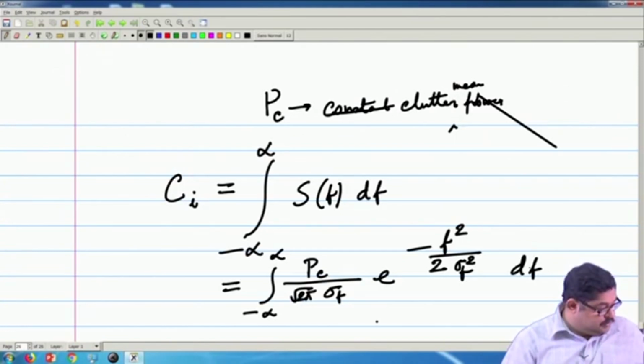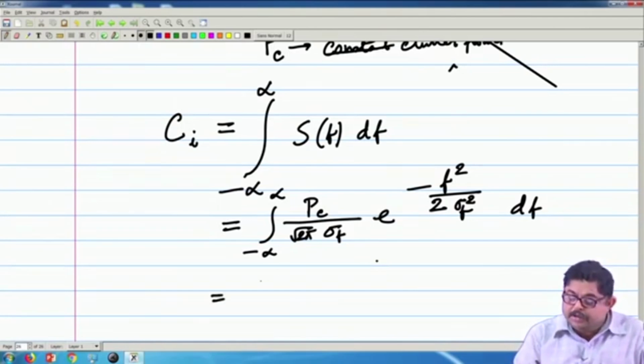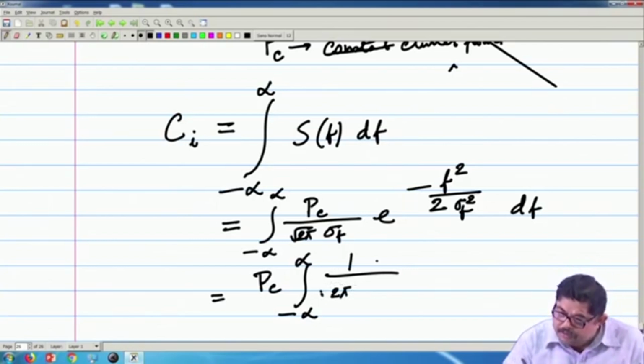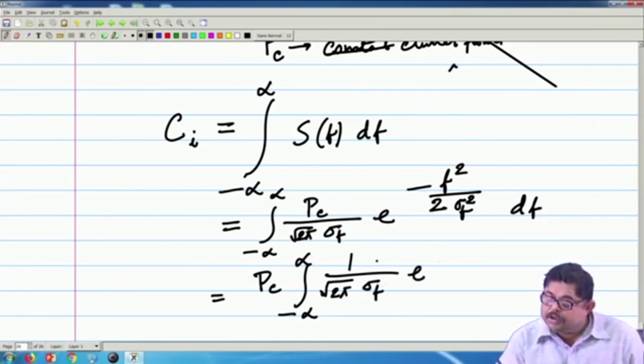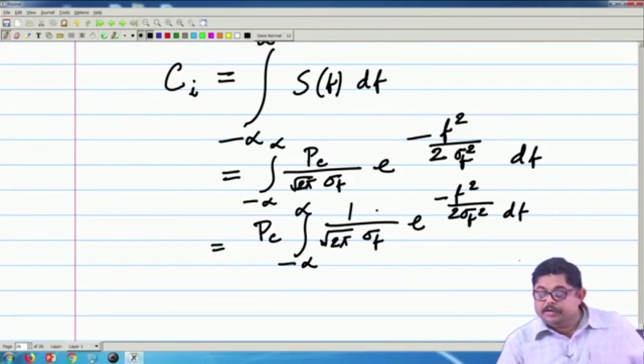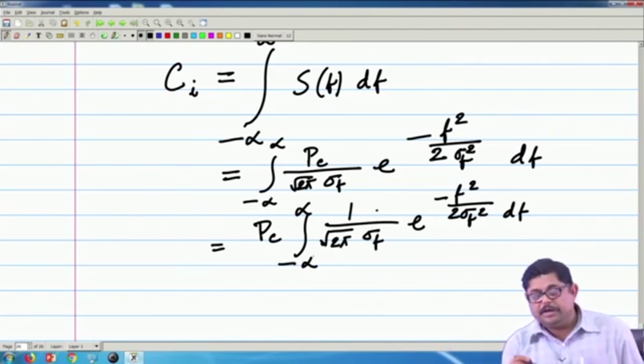Now, you know that if I take Pc out, then what is this? 1 by root over 2 pi sigma f e to the power minus f square by 2 sigma f square df, and this is nothing but the area under the whole Gaussian curve from minus infinity to infinity.